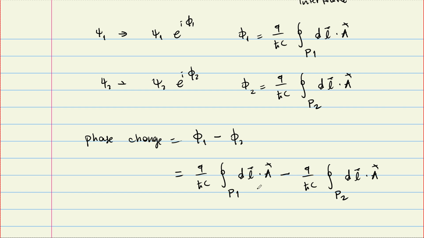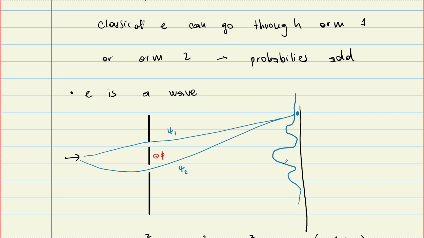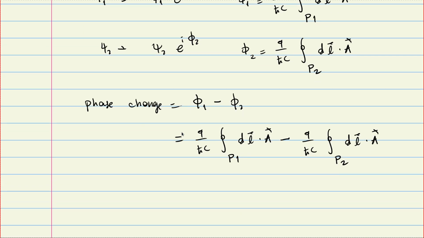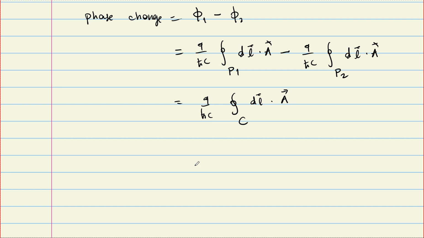But this is through path 1, this is through path 2. These are different paths. But what we can do is, one path is positive, right? We go through path 1, and the negative of this path is just coming back in reverse. So we can combine these two paths. This is q over h bar c times a closed path integral of dl dot A. But we just saw what this is.